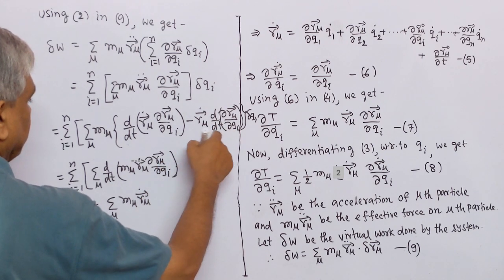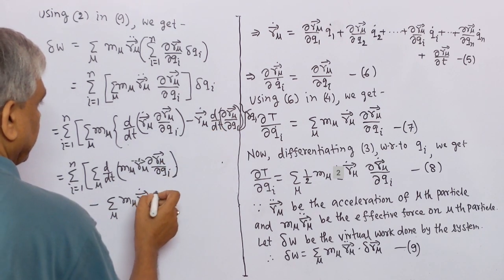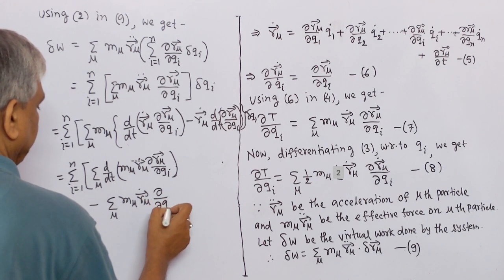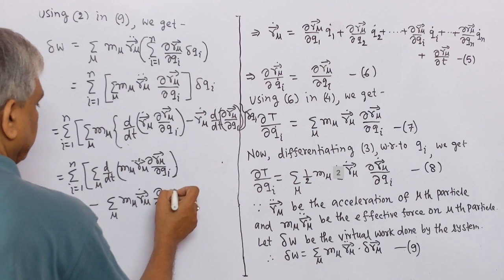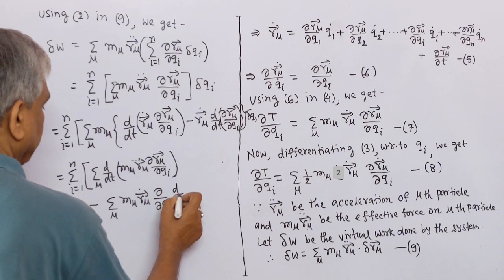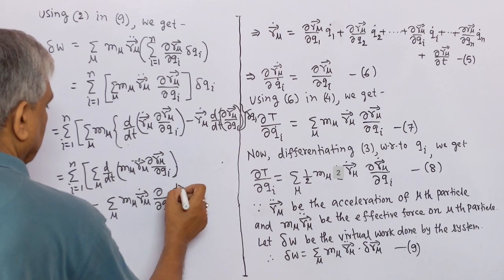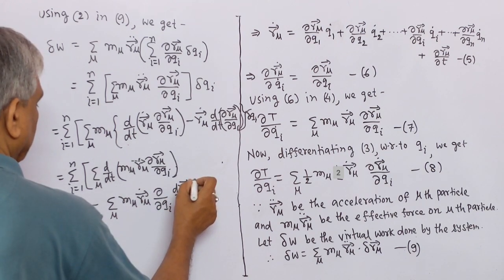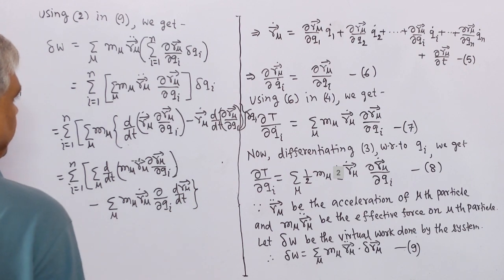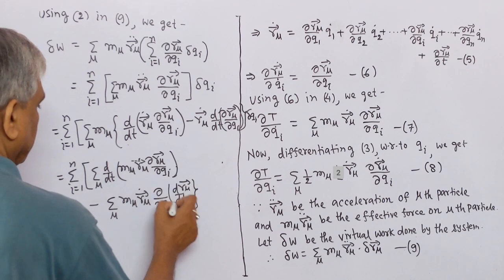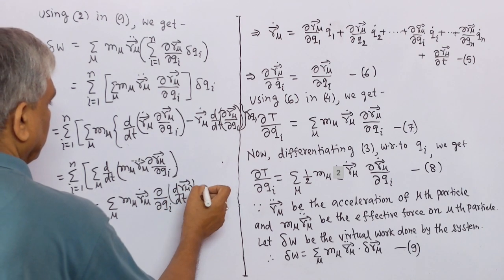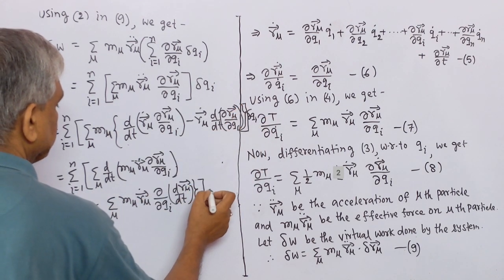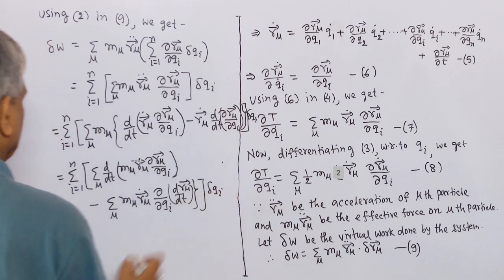We exchange partial derivative and total derivative here. Del by del qi partial derivative d by dt r mu vector. Here brackets closed, delta qi.